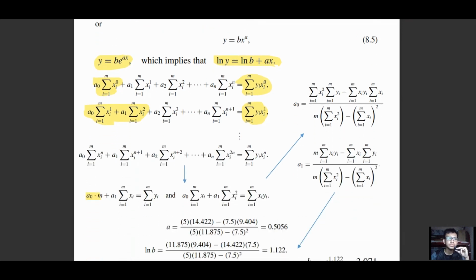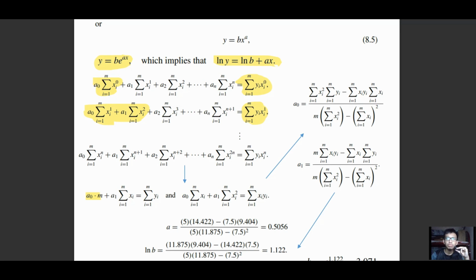And then we see m here, a naught m, because anything to the power 0 will be equal to 1. Therefore 1 plus 1 plus 1 plus 1 plus 1, and we have m times 1. That's why we have m over here. Okay, and similarly the same process will result in this sum.